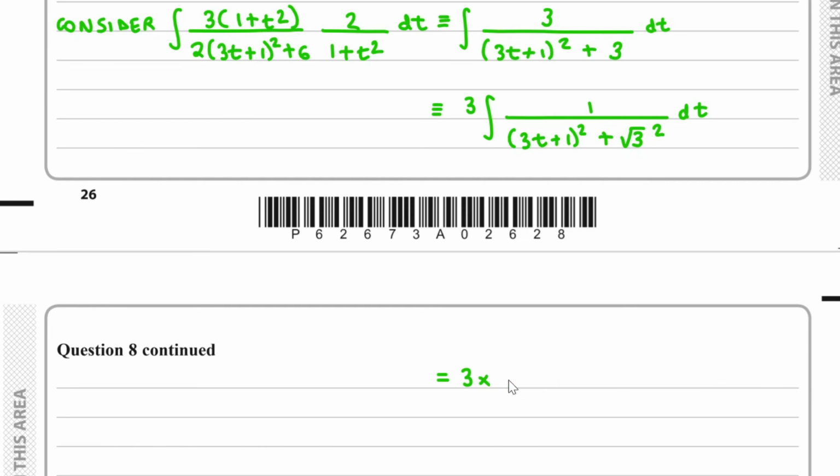So here we have 3 lots of 1 over a, which is 1 over root 3, times by the arctangent of, well, instead of us having an x, we've got a 3t plus 1, and we divide this by a, which we said is root 3. And don't forget we've got a plus c.